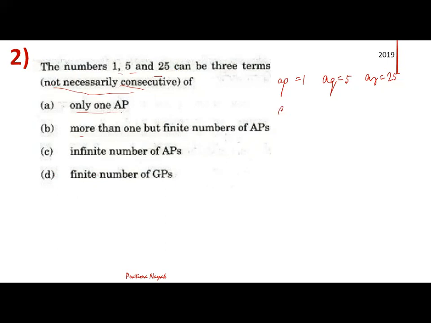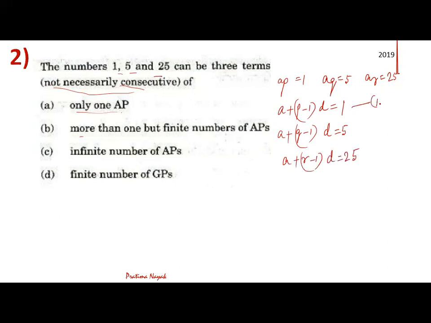Now, what is the expression for AP? A plus (p minus 1) D is equal to 1. A plus (q minus 1) D is equal to 5. A plus (r minus 1) D is equal to 25.